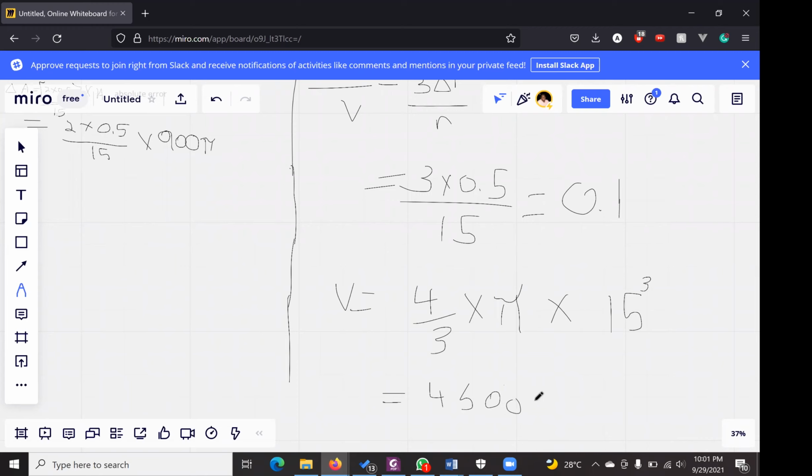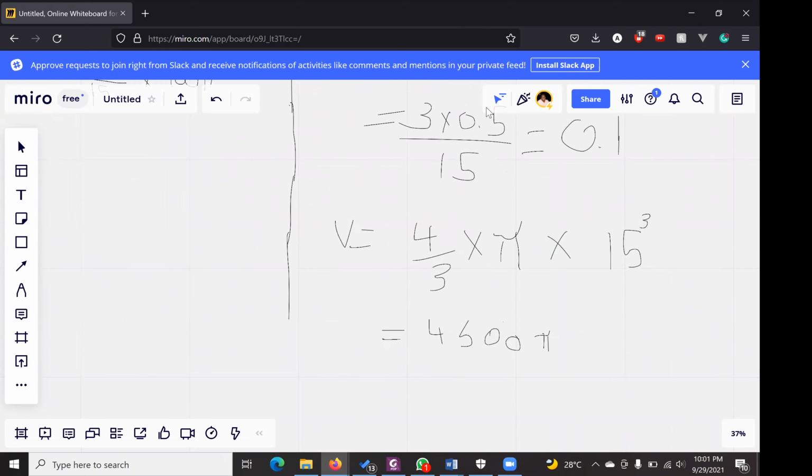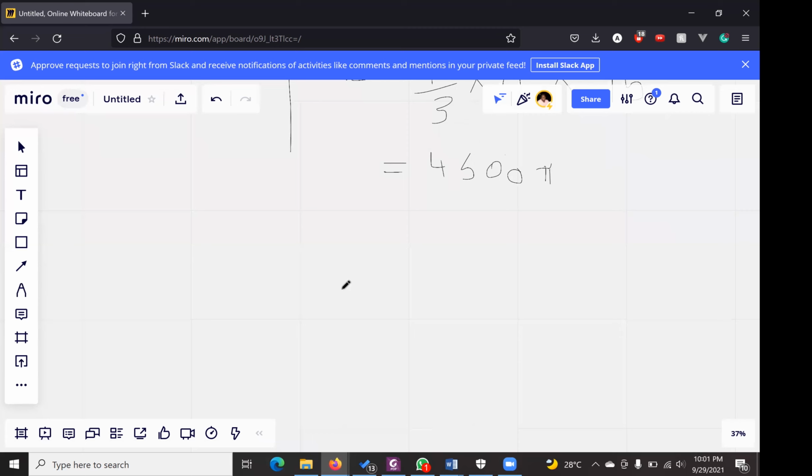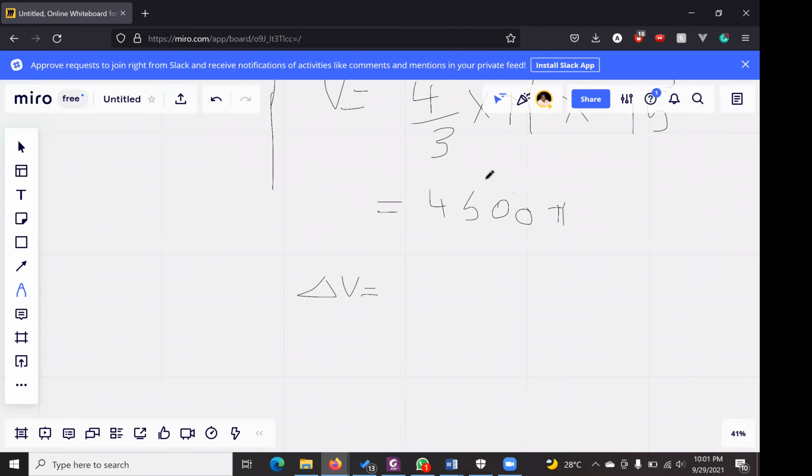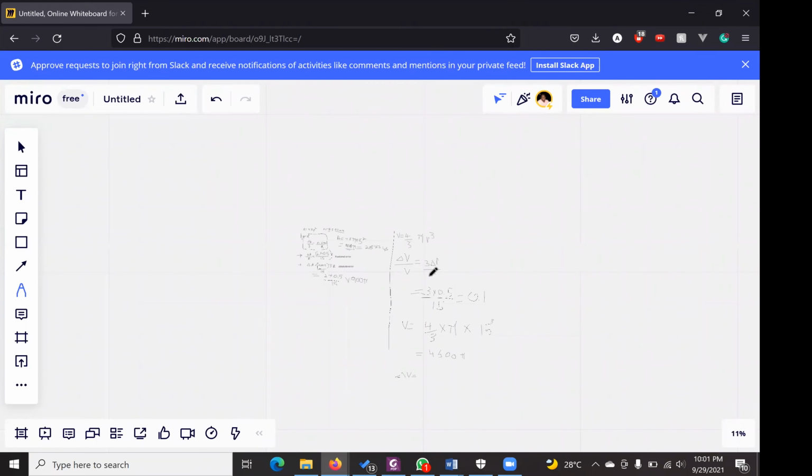And now to get delta V, which is the absolute error, we're going to do delta V is equal to, remember we're cross multiplying.